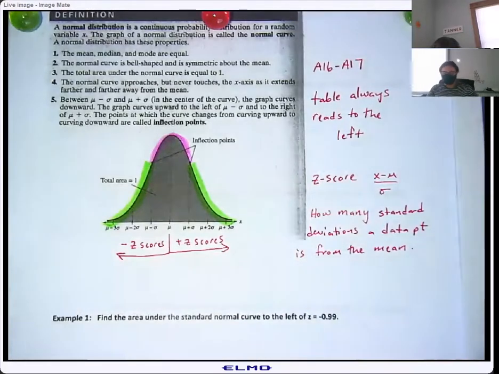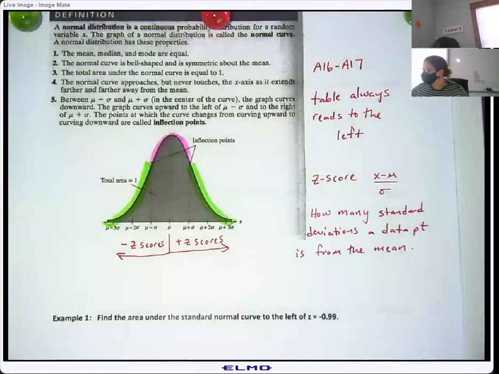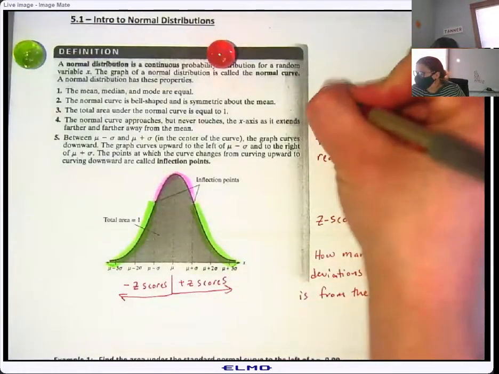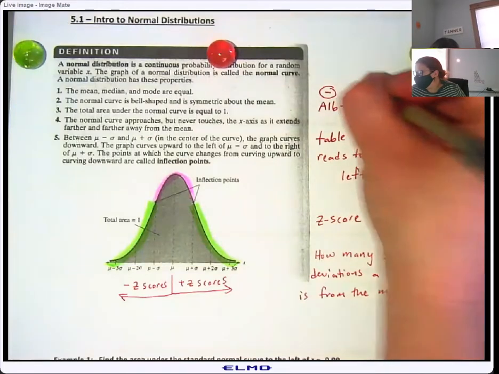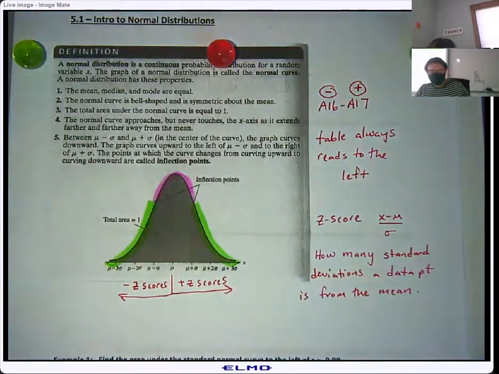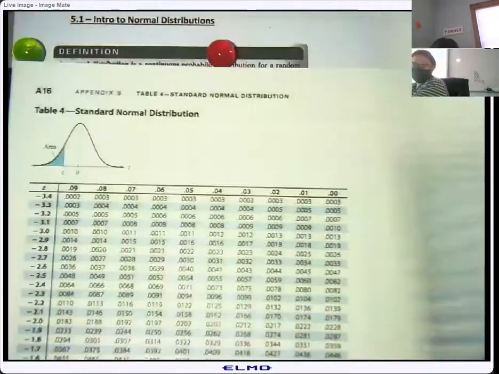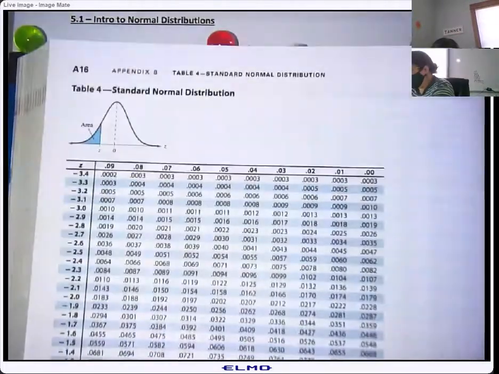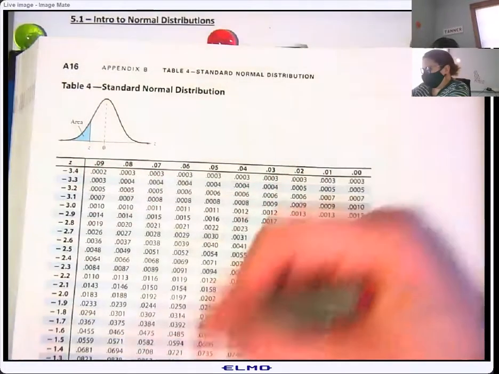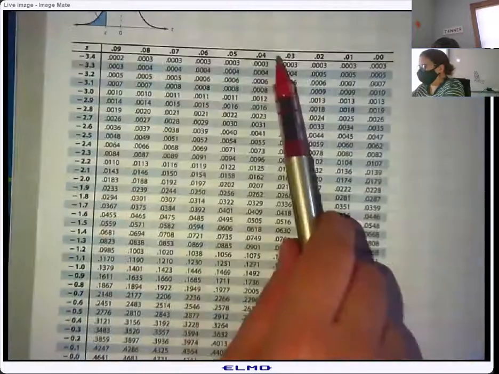Back to this. So A16, you can write out, A16 is that negative page and A17 is the positive page. If you look at A16, the problem says negative 0.99, right? Over here is the 1 spot and also the 10th spot, and up here at the top is the 100th spot.